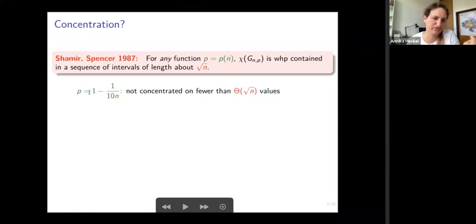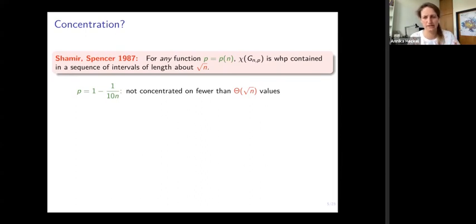For some very special cases, if you let p tend to 1 at the correct rate, you can show for silly reasons that the chromatic number is actually spread out over about root n values. But this is not the random graph we typically look at. If you put in this p, then you have almost all the edges except for a few missing edges.